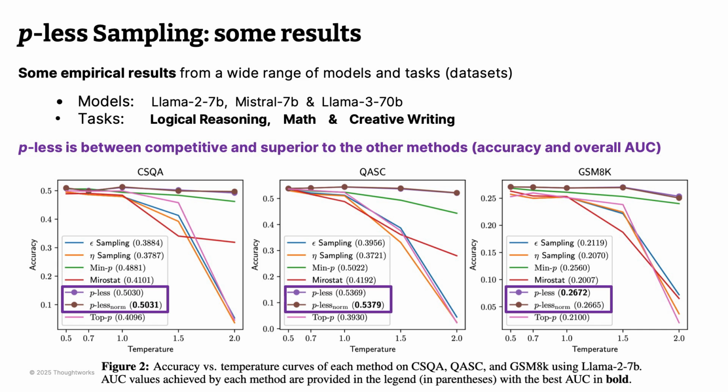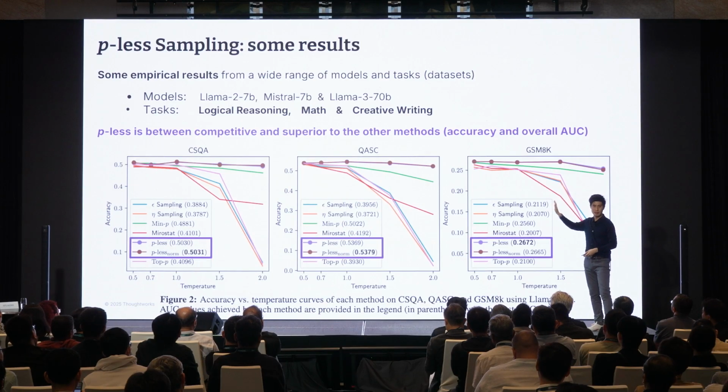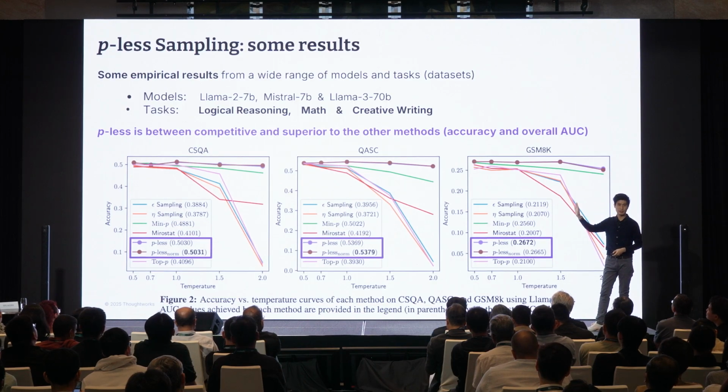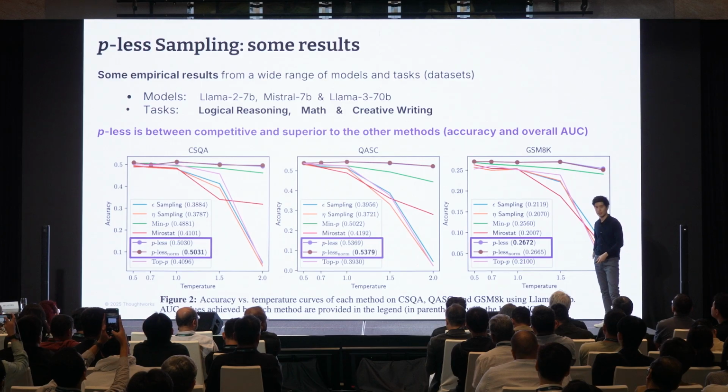Right? You can see that the top curve, that curve with the shaded circle markers, is from the P-less method. It's always achieving higher accuracy than the other methods across a number of temperatures that we apply to the LLM.